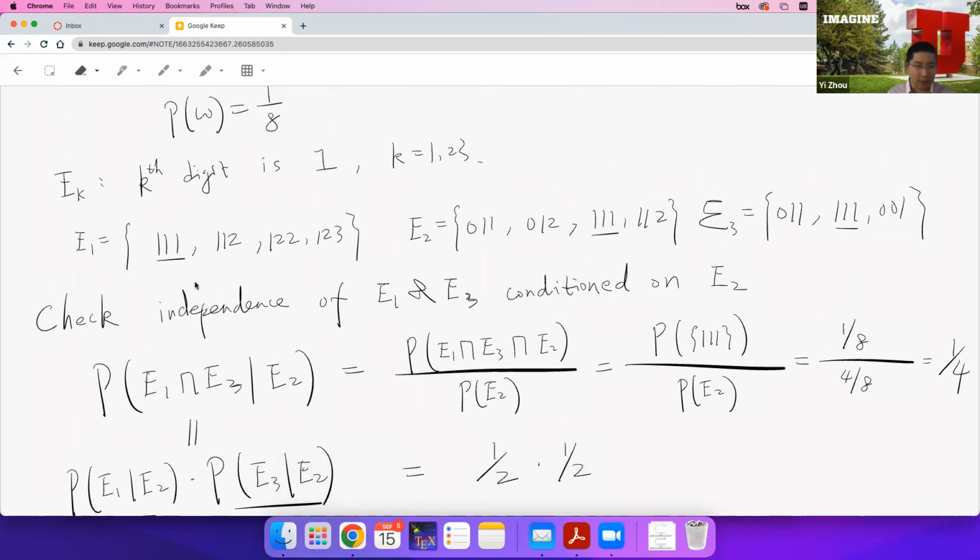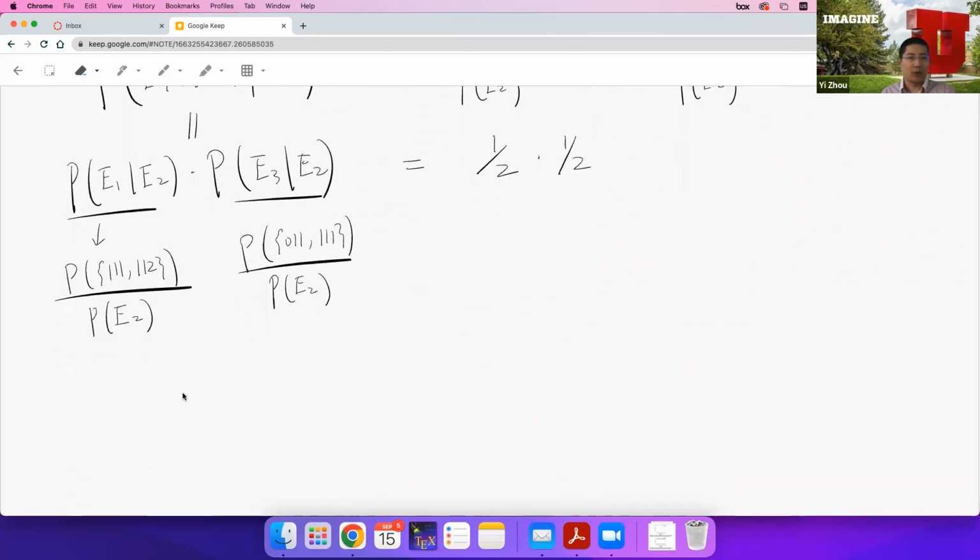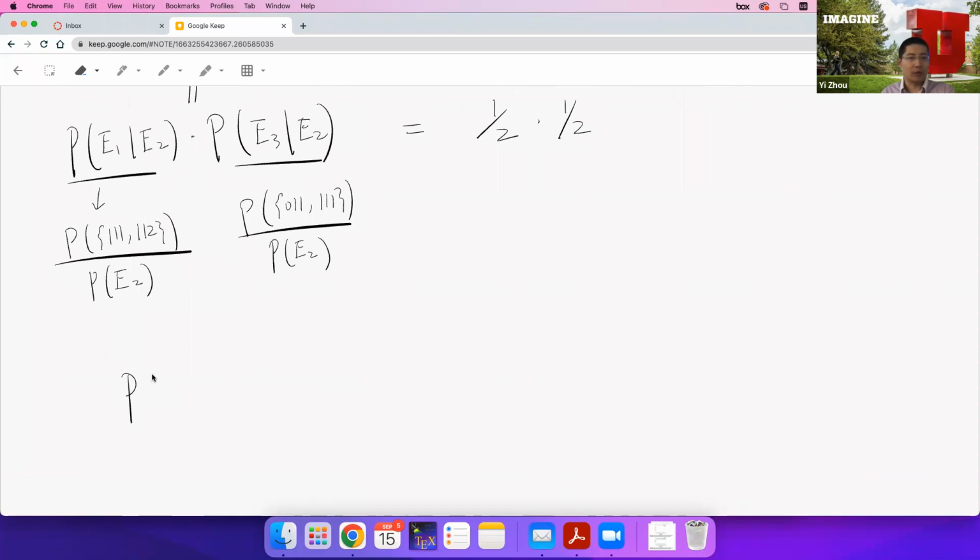But on the other hand, let's quickly see if, without this conditioning, E1 and E3 are independent. Without this conditioning, we need to look at E1 and E3.